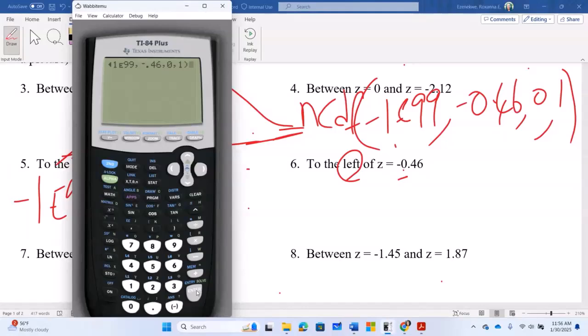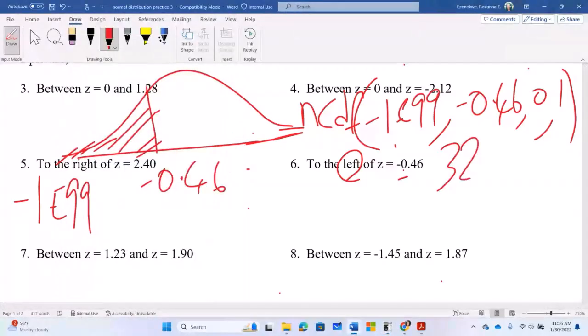And it's asking me, is that what you want? Yeah, that's what I want. So that area from negative 0.46 to negative infinity is 32.28%. 32.28% using my calculator. Even if I use my chart, I'll get the same thing.